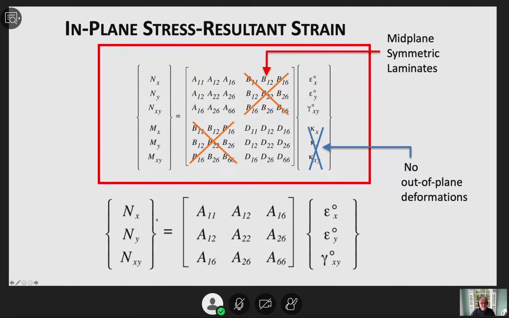So Nx is the integral through the thickness of all the stresses in individual layers, sigma x, integral from minus h over 2 to h over 2, h being the total thickness of the laminate. Which reminds me, I actually forgot to specify the layer thickness in the homework problem. So when I come to the homework assignment, remind me to specify the layer thickness.